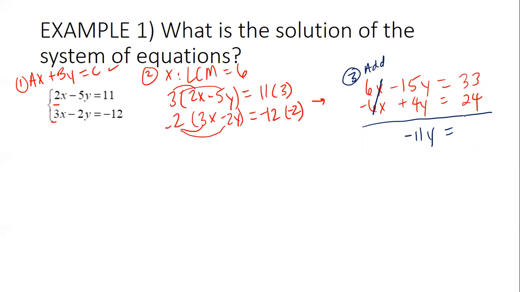And what's 33 plus 24? Okay, and the last thing you want to do is get y by itself. So what do I need to do to get y by itself? Divide.